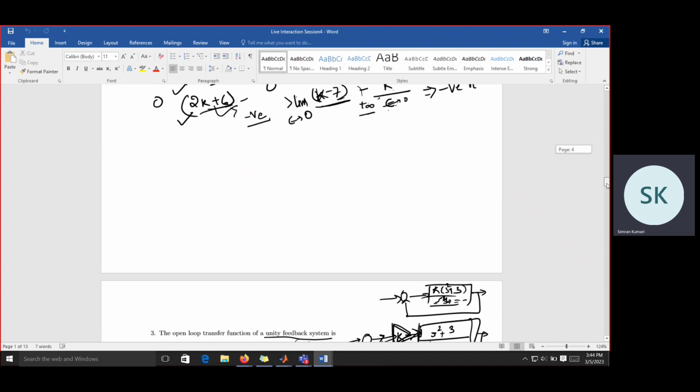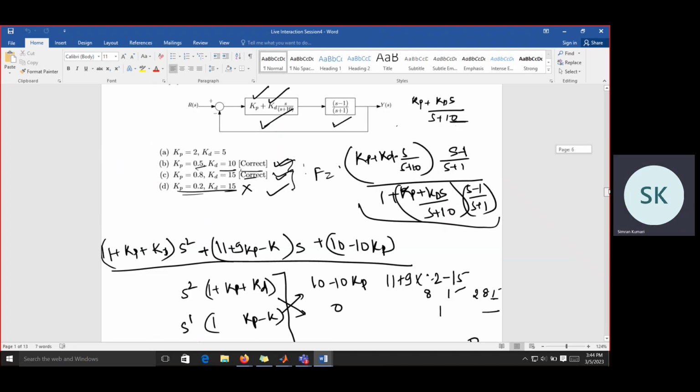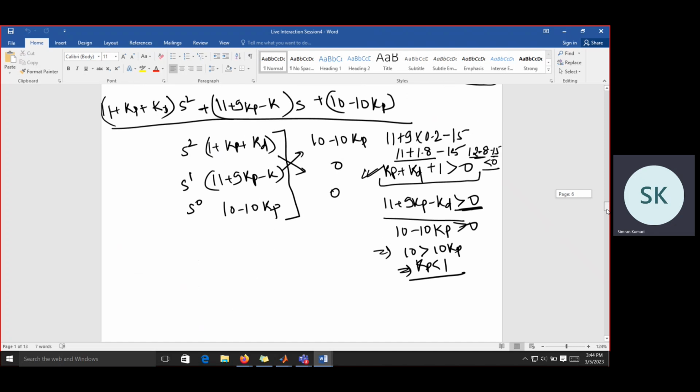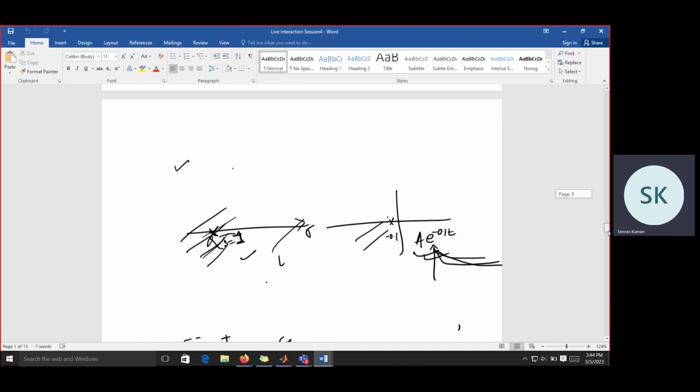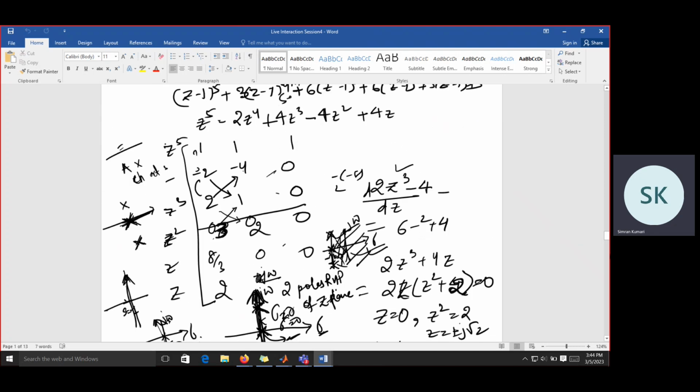Where it says that the steady state error has to be kept within some range, and we have to find the value of k for which we can achieve that.